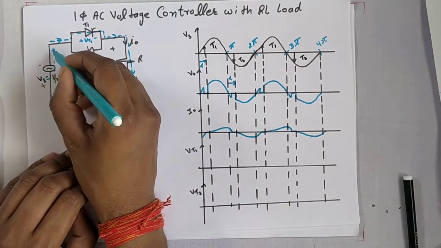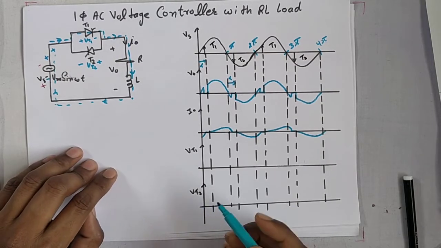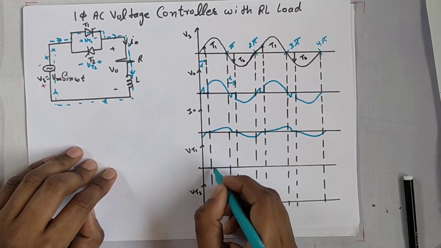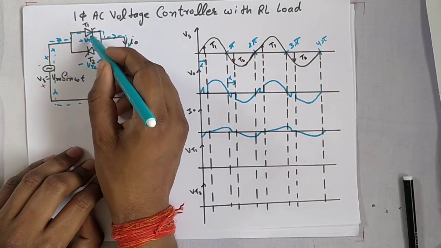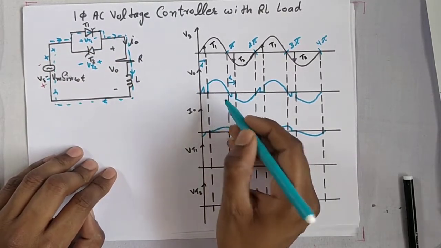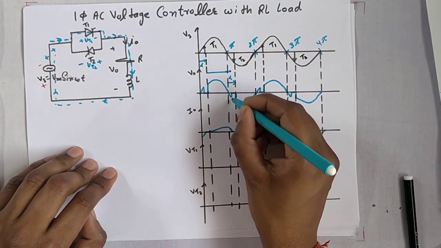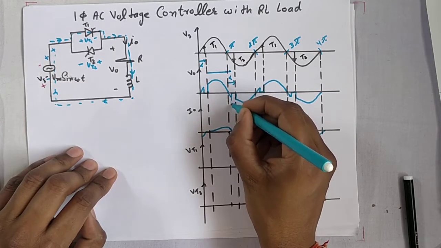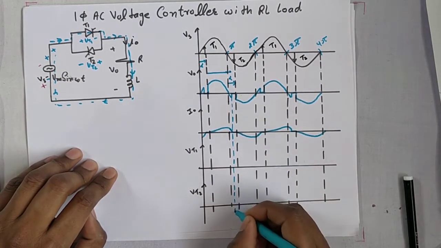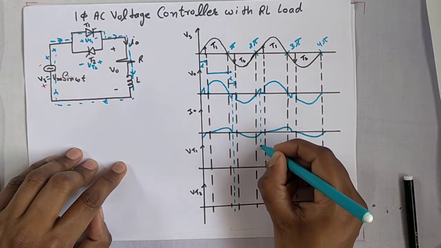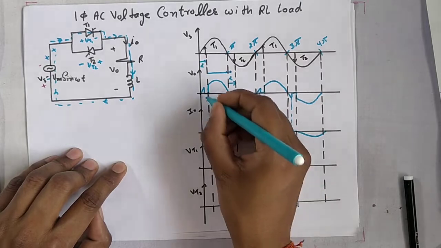So when this terminal is positive and thyristor T1 is not turned on, at that time the voltage appearing across it is the same as Vs. Now when T1 is on from here to here, you can draw it like this, here also.